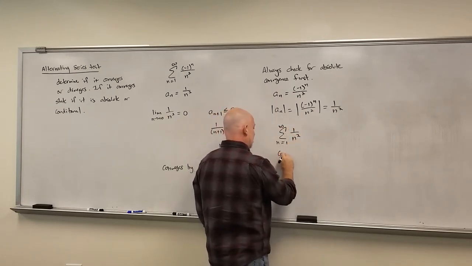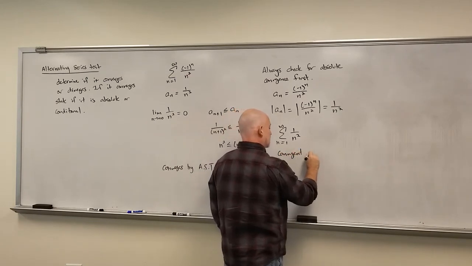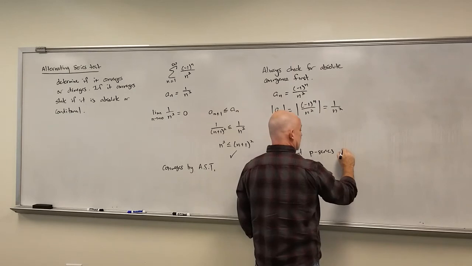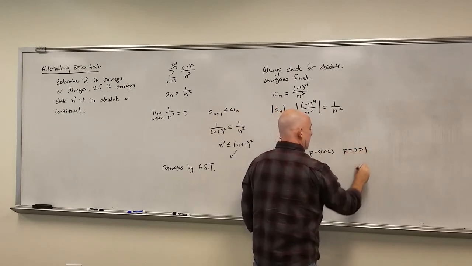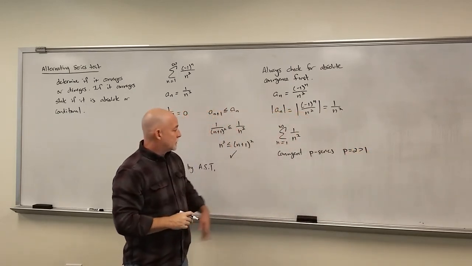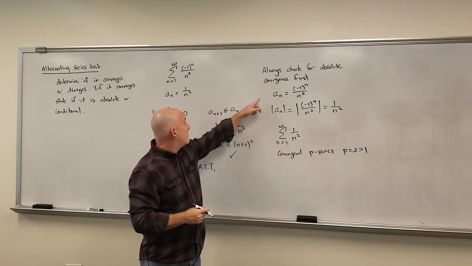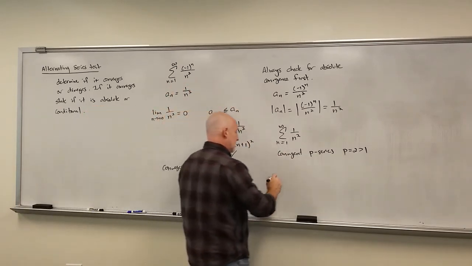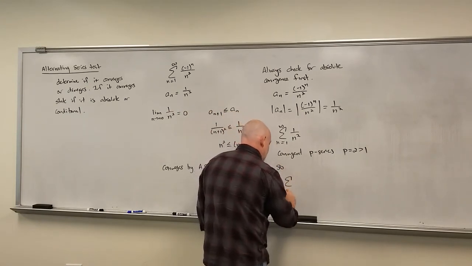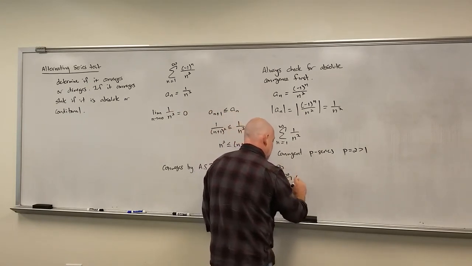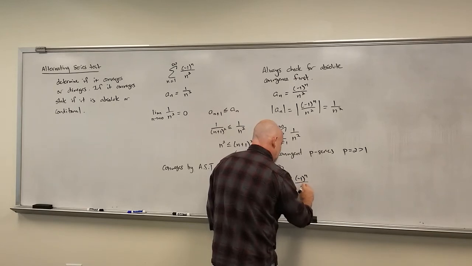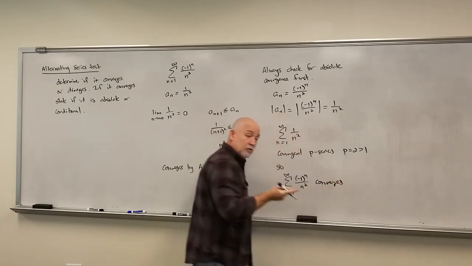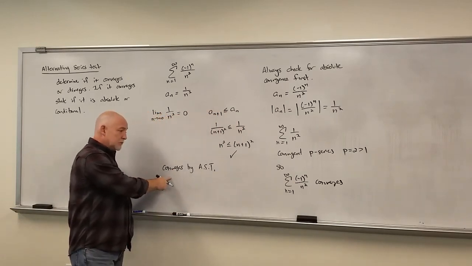Well, this is a convergent P series. Here P is equal to 2, which is greater than 1. So since this converges, that means our original series actually converges absolutely. So the sum n equals 1 to infinity of negative 1 to the n over n squared converges, which we already decided that it converged, right?